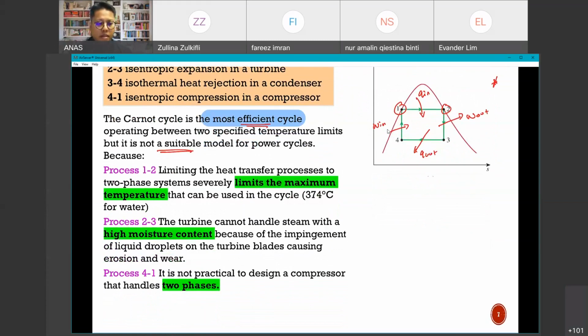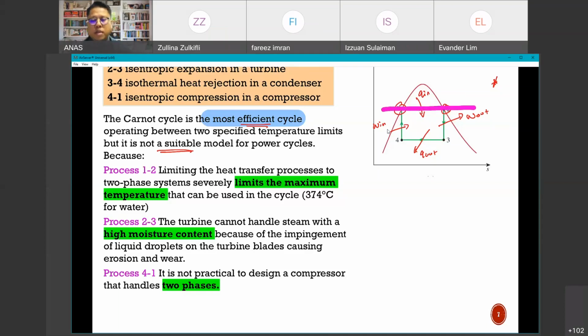Okay, for example, for process 1 to 2, we are limiting the heat transfer processes to a 2-phase system, which severely limits the maximum temperature. If you see over here, 1 to 2 is the boiler.